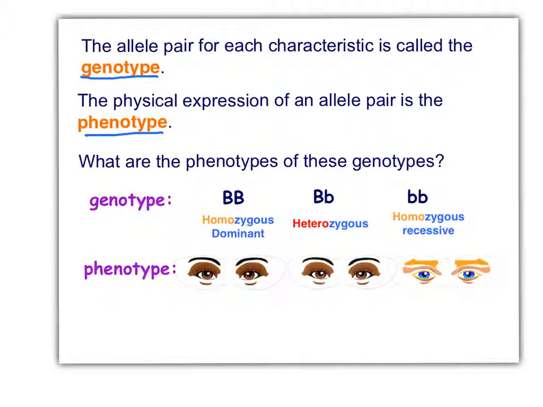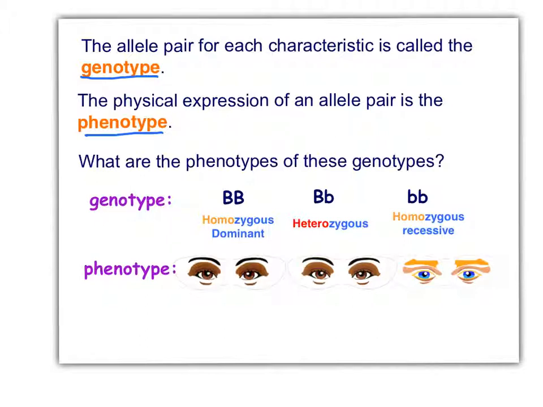And then we've got homozygous recessive, so we've got two similar alleles, or two alleles that are the same, for blue eyes, and it's recessive. Now remember, dominant, you only need one copy of the allele to get the feature, whereas with recessive characteristics, you need two.